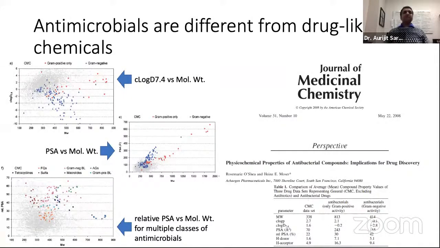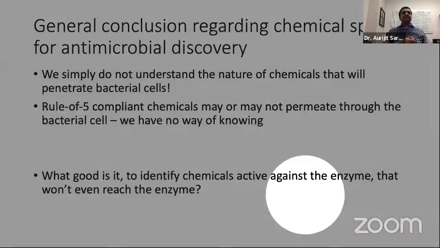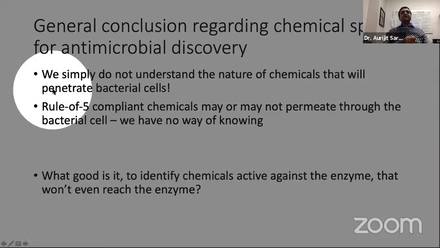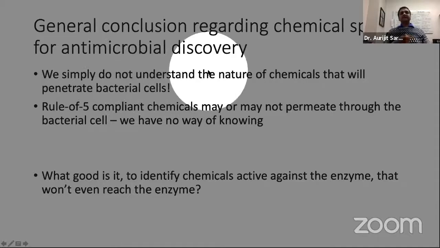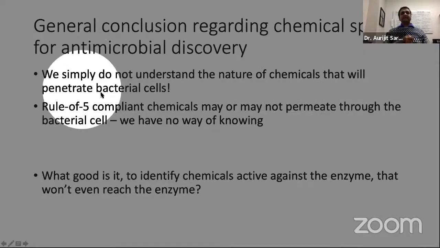So what is all of this telling us? Sure, it's a lot of data. There are differences. What is it telling us? If I am to summarize all of this in a single sentence, it's very easy. It literally says we simply do not understand the nature of chemicals that will penetrate bacterial cells.